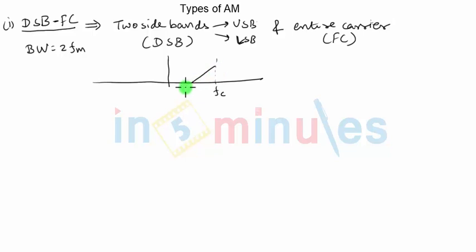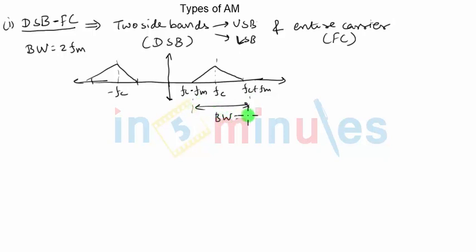This is the lower sideband which goes up to FC minus FM, and on this side, let's say you have the upper sideband which goes up to FC plus FM. So this is the spectrum on one side, and a similar spectrum you will have on the other side also, which will be present around minus FC. So you can see the total bandwidth between the two extreme frequencies will be nothing but twice FM.